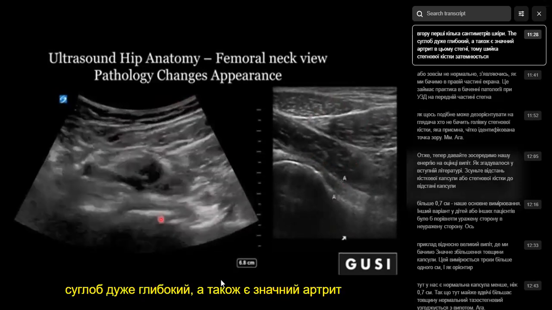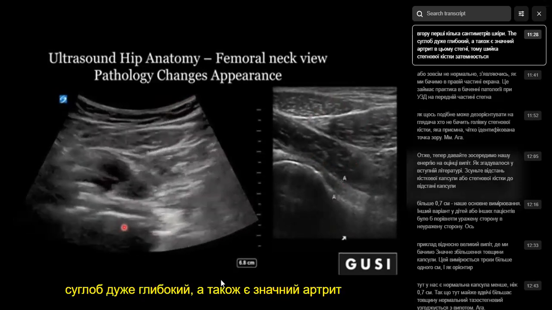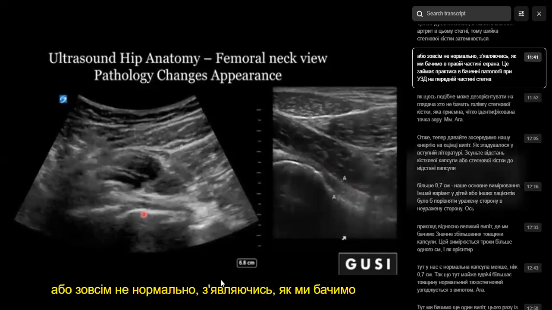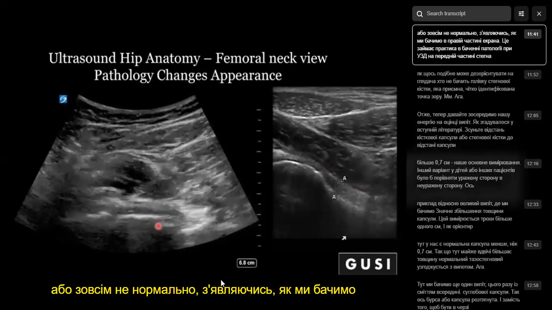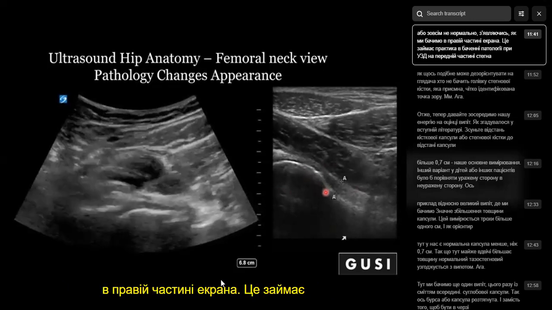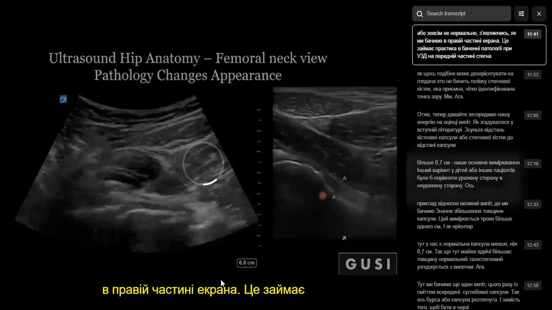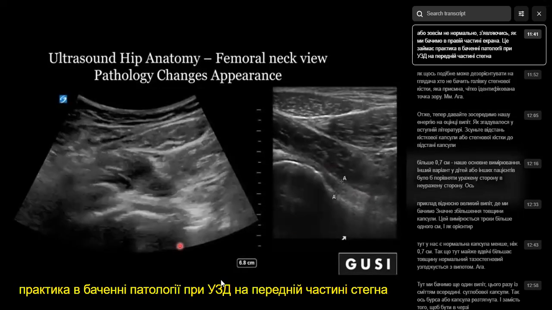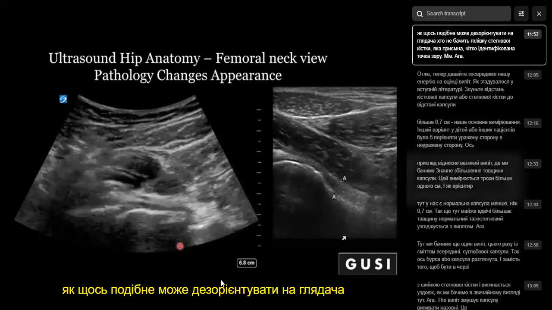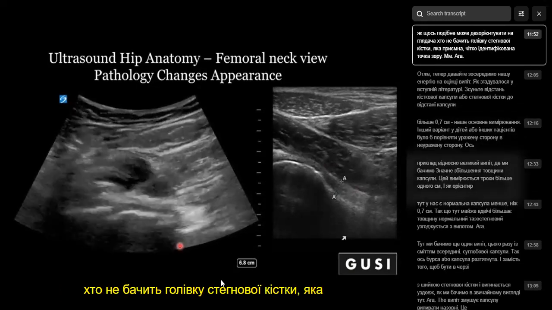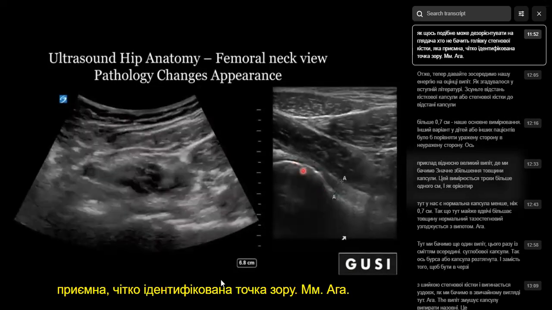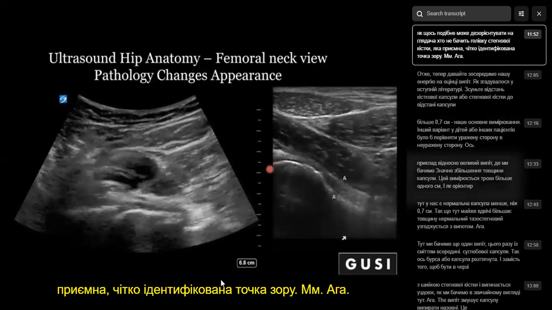The joint is very deep, and also there is significant arthritis in this hip. So the femoral neck is obscured or not at all normal appearing, as we see on the right side of the screen. This takes practice in seeing pathology with ultrasound on the anterior hip, as something like this may be disorienting to a viewer who doesn't see the femoral head, which is a nice, clearly identifiable viewpoint.